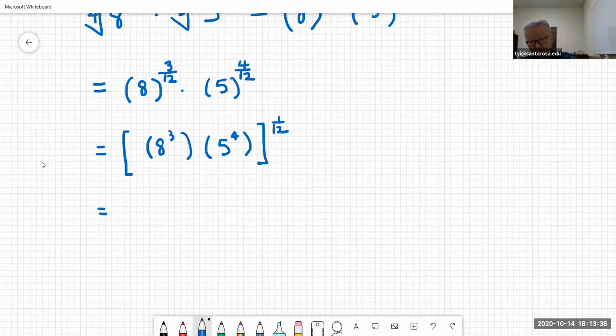I don't know what 8 cubed is, I'll just use the calculator here. So 8 cubed is going to be 512. And the 5 to the 4th, I have 625.